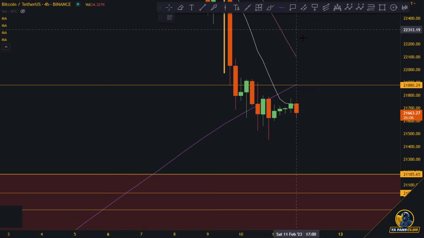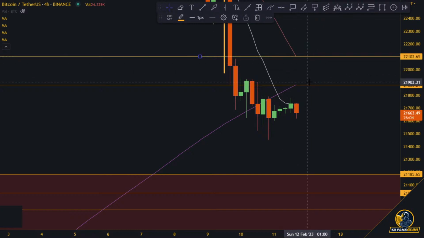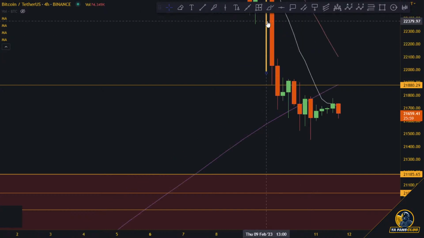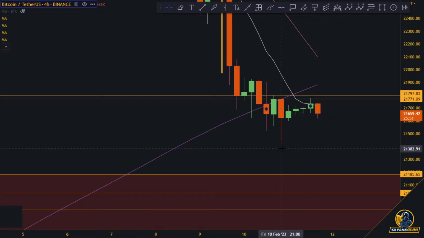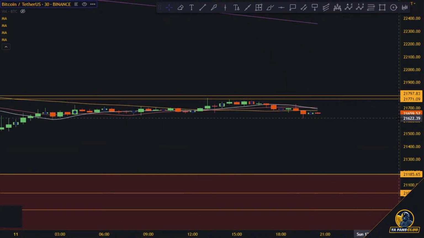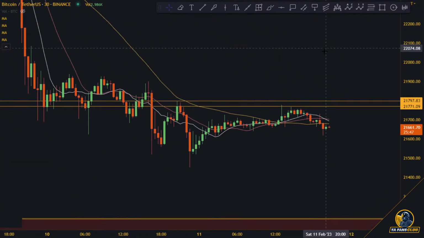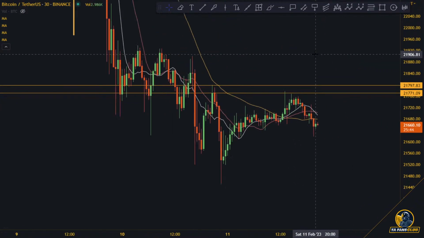Nope, not even close. I don't even want to start talking about the 20 moving average. There are a couple of resistances up here. You can see we tapped this resistance, maybe even up here as well, and we pulled back. That's all the bullishness that we can muster.